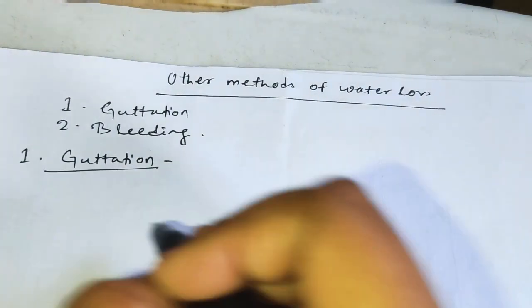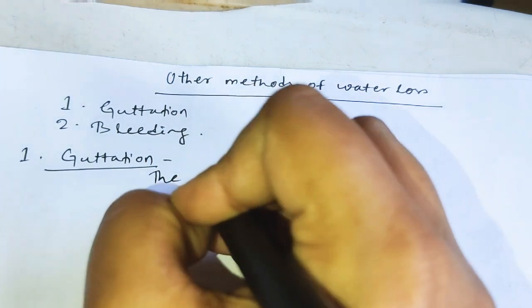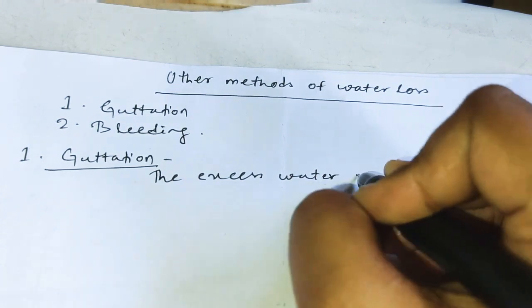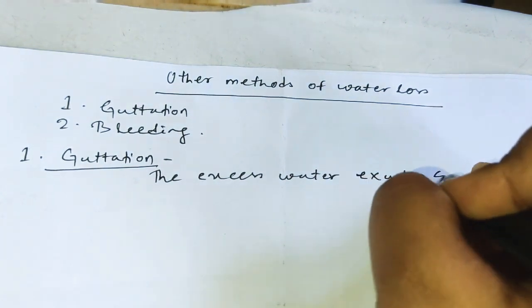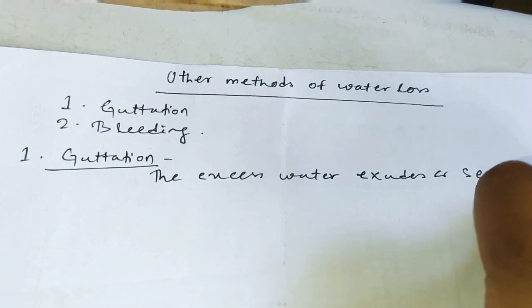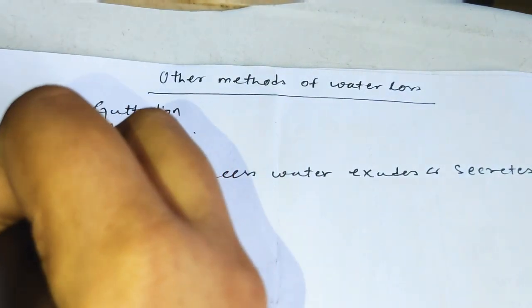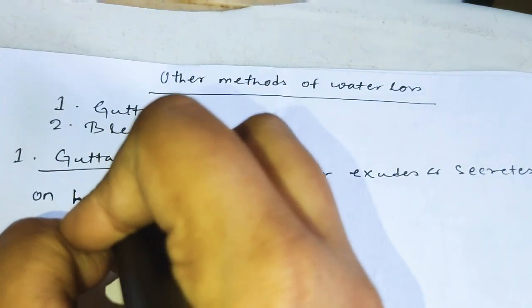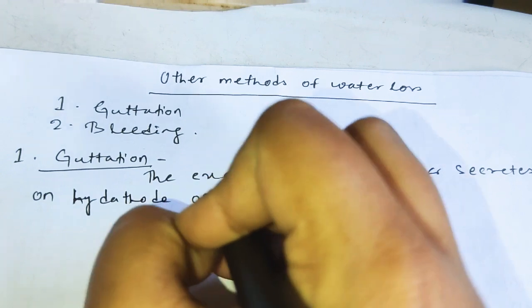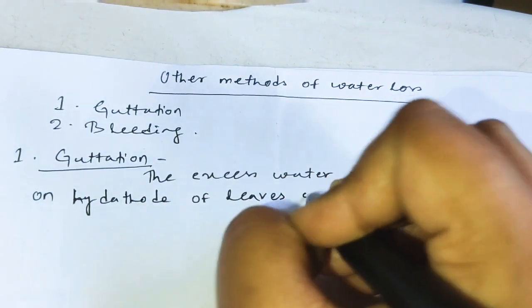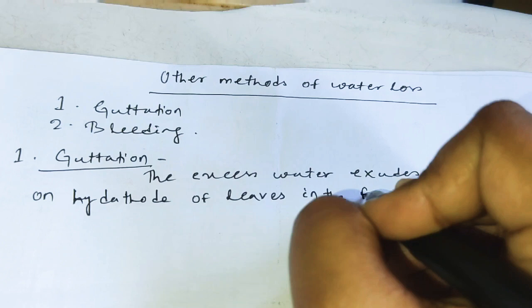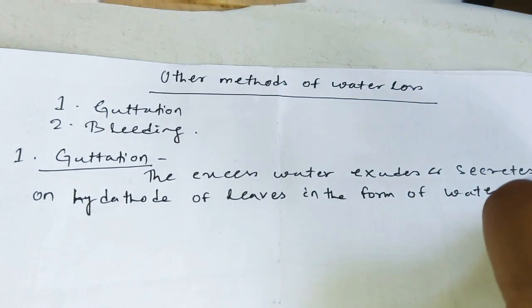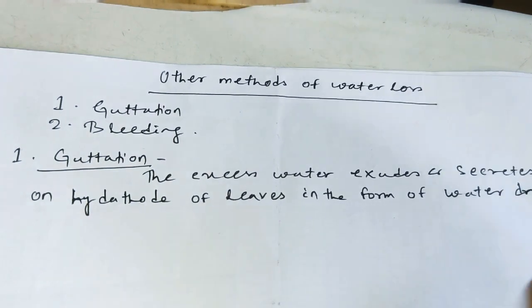The definition is: the excess water exudes or secretes on hydatoids of leaves in the form of water drops.